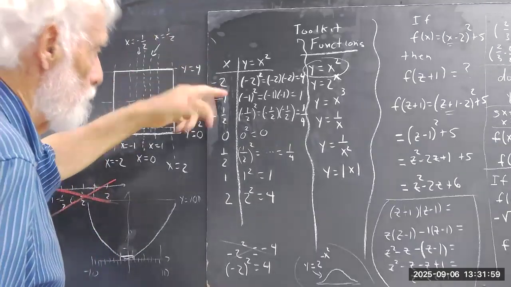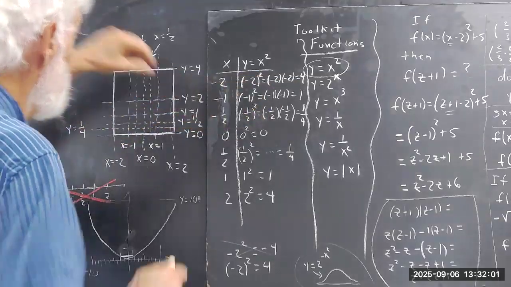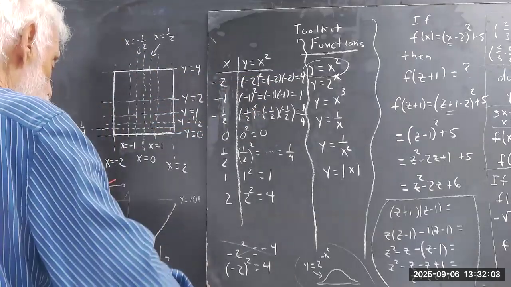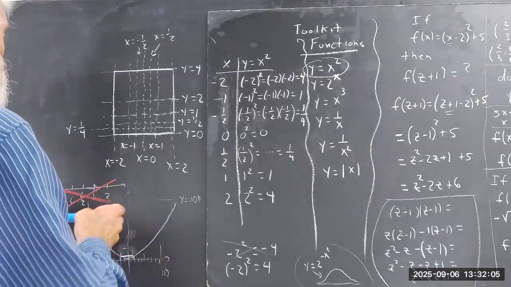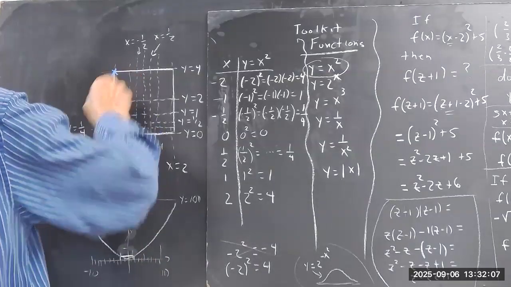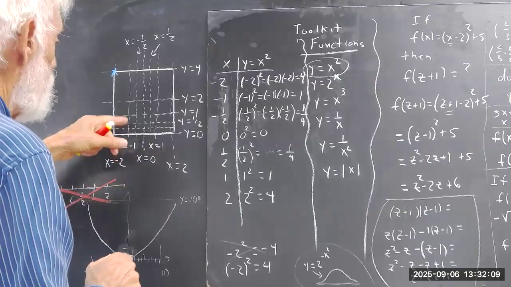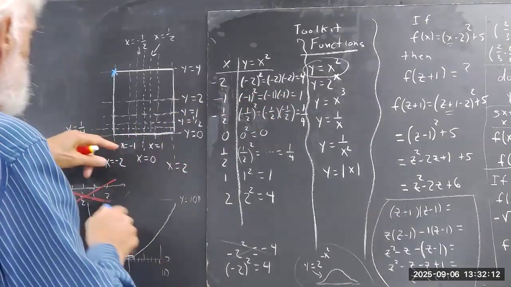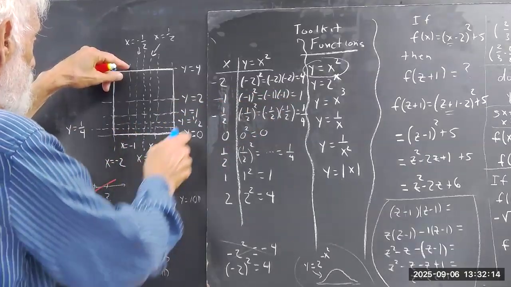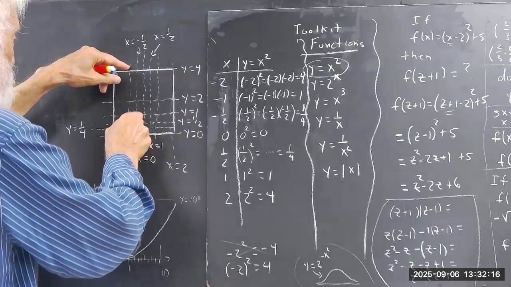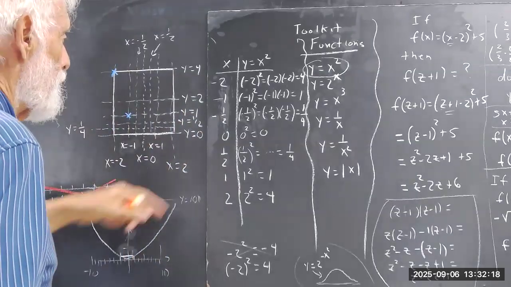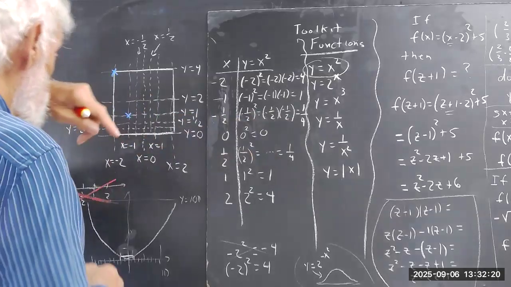Now, if we locate our points, -2, 4 goes here. -1, 1: x equals -1 on this line, y equals 1 on this line. There's our point. -1/2, 1/4.